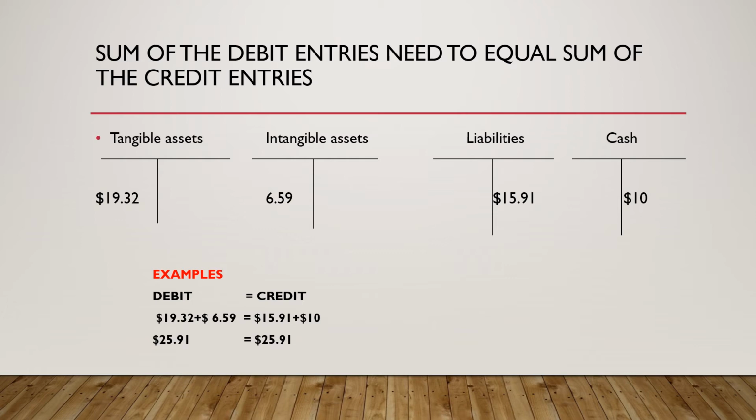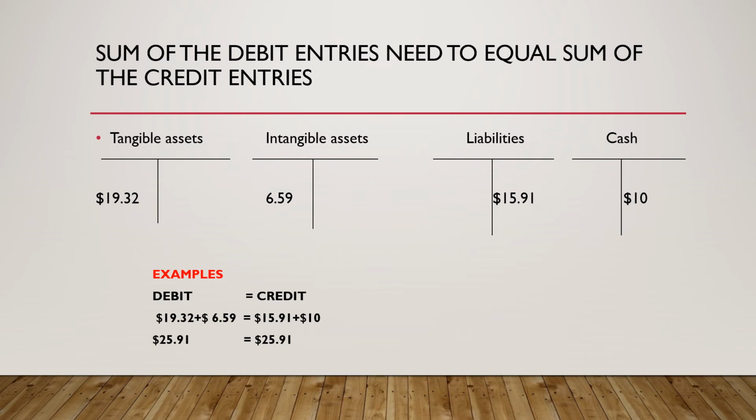The sum of the debit entries is $19.32 million plus $6.59 million, equal to $25.91 million. The sum of the credit entries is $15.91 million plus $10 million, equal to $25.91 million. The sum of the debit entries equaling the sum of the credit entries is the proof.